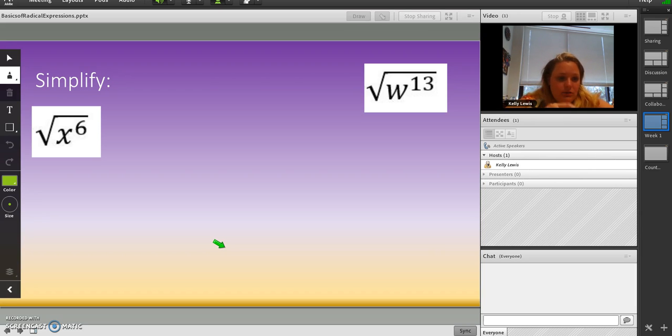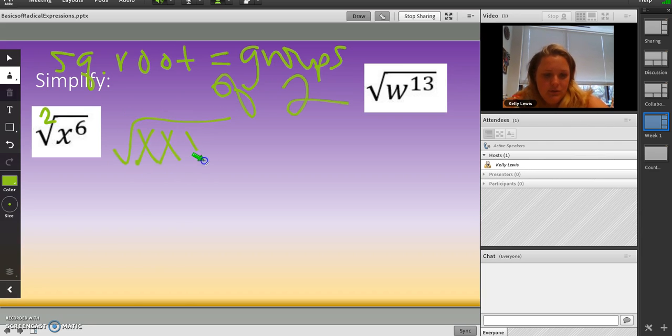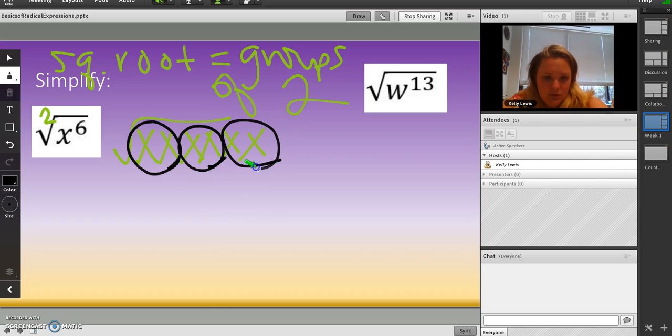Remember we talked about square roots equals groups of 2, because there's an invisible 2 right there. So x to the 6th is 1, 2, 3, 4, 5, 6, and I want groups of 2: 1, 2, 3.